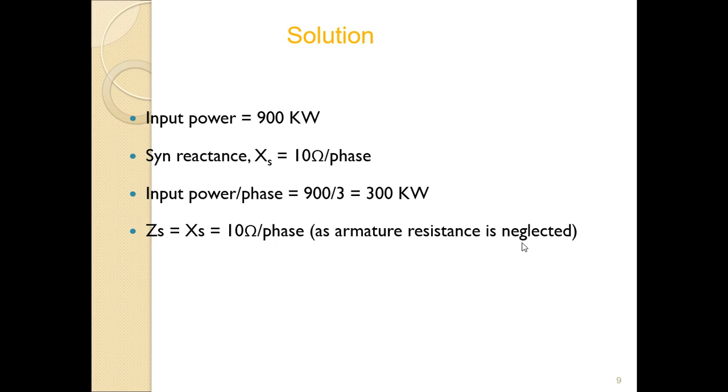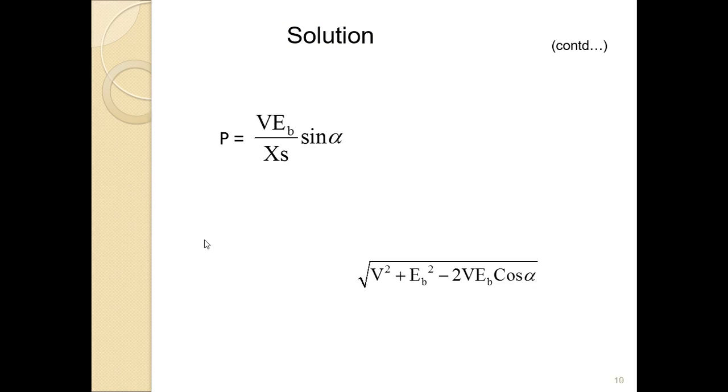Any method you can use. Here we neglected it, that is RA we assumed 0. So Z, the synchronous impedance, is equal to the synchronous reactance, that is 10 ohms per phase.